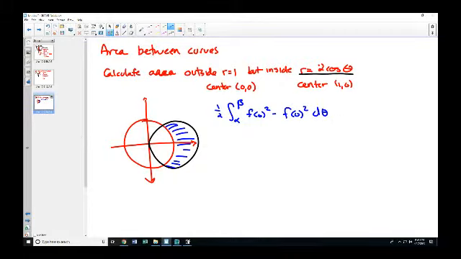Call this one number 1 and 2, I guess. So basically it's outside minus inside. Kind of like volumes of revolution, outer minus inner. Right minus left, top minus bottom. It all matches the same.